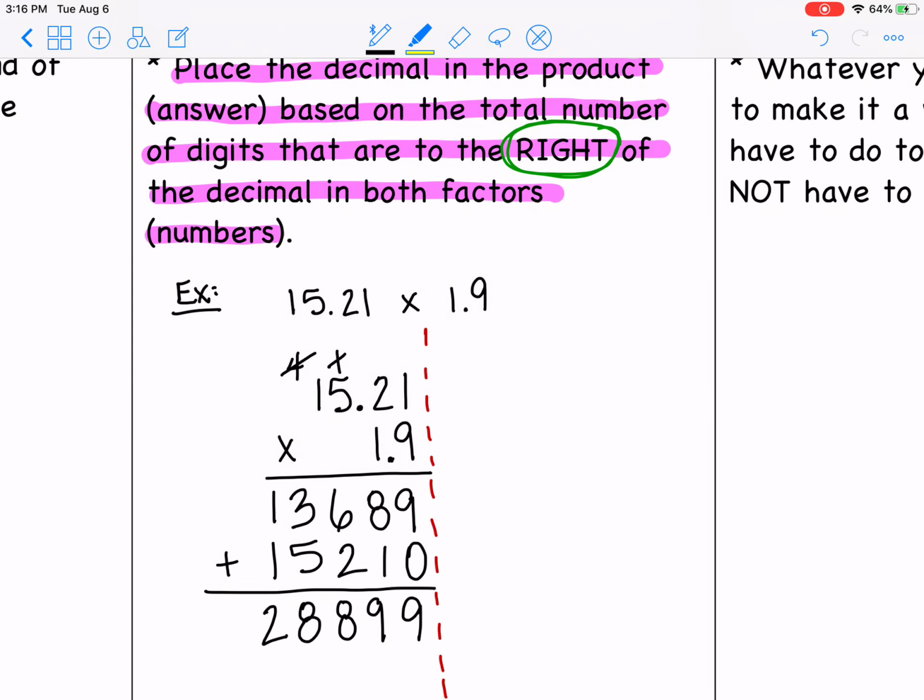Now, we have to come back up to our original equation, the one that we started out with.